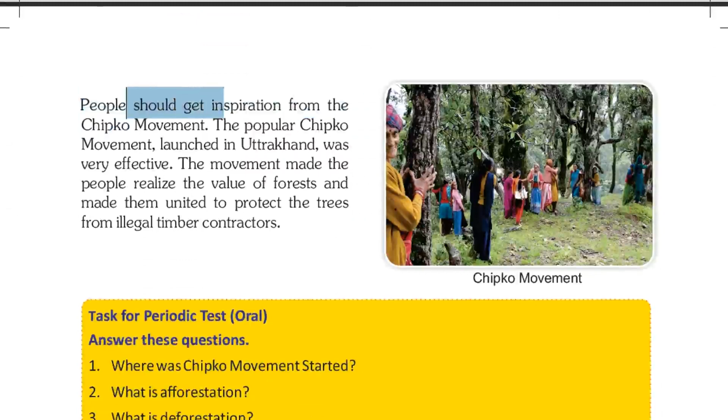People should get inspiration from the Chipko movement. The popular Chipko movement launched in Uttarakhand was very effective. The movement made the people realize the value of forest and made them united to protect the trees from illegal timber contractors.